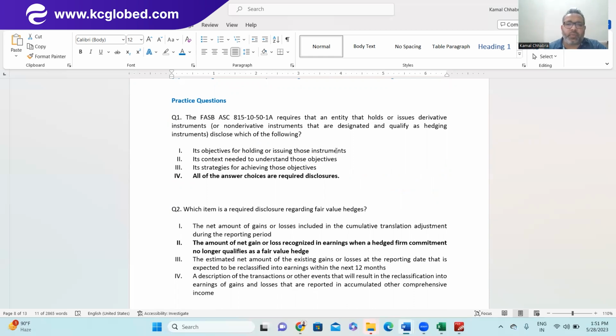As per FASB 815, the entity who holds or issues derivatives, what disclosures do they need to make. First is its objective of holding or issuing those instruments. Second is its context, to understand those objectives, and its strategies for achieving the objectives. All of the answers are correct. So what all things we have understood need to be disclosed.